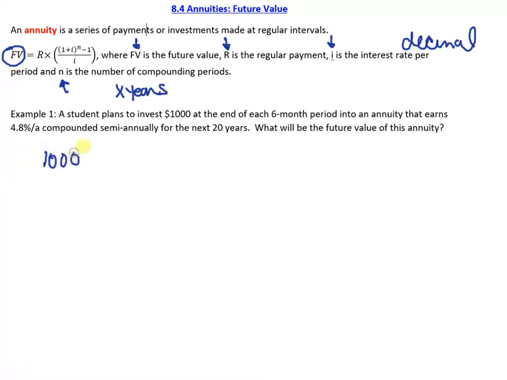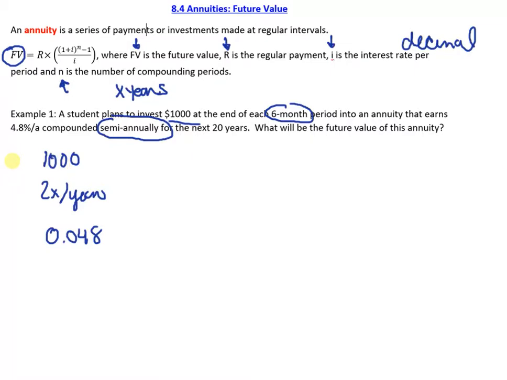We have the number 1,000. When we see 6-month period, that aligns with semi-annually, so we have 2 times per year, and we have 4.8%. So we're going to put 0.048, for the next 20 years.